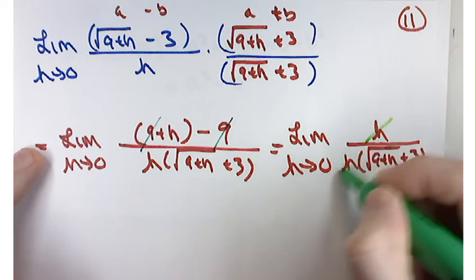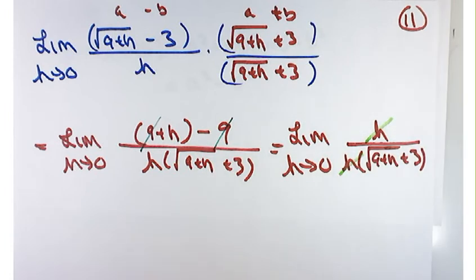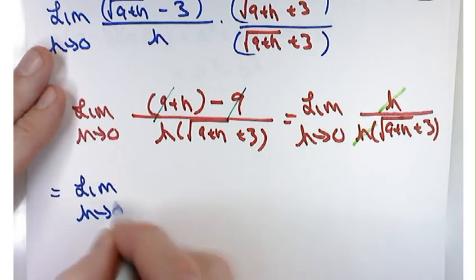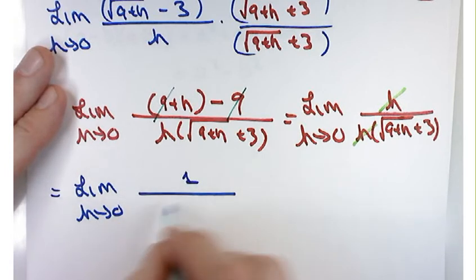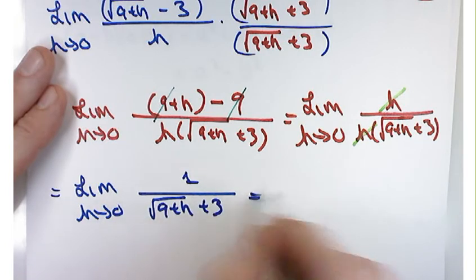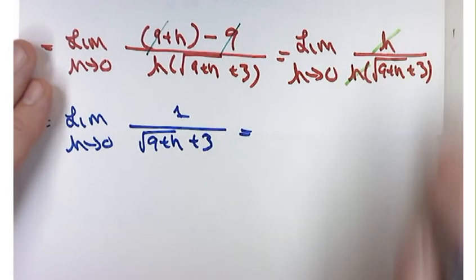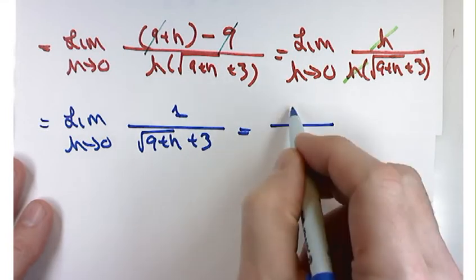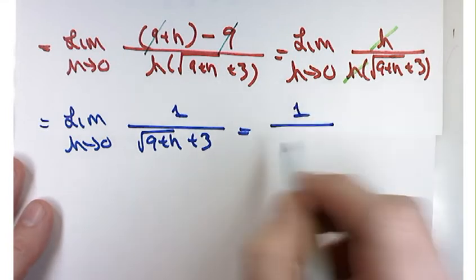So if we cancel out the h, now we've got the limit as h approaches 0 of 1 over the square root of 9 plus h plus 3. Wow. Finally looking a little bit better there. Justin, what's that limit going to give us, please? 1 over 6. Perfect.